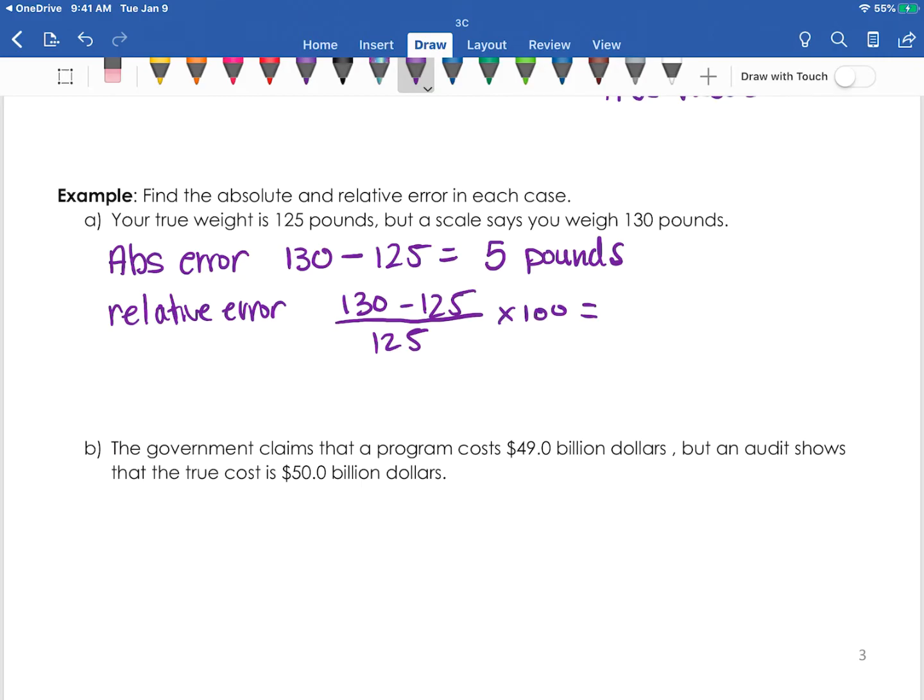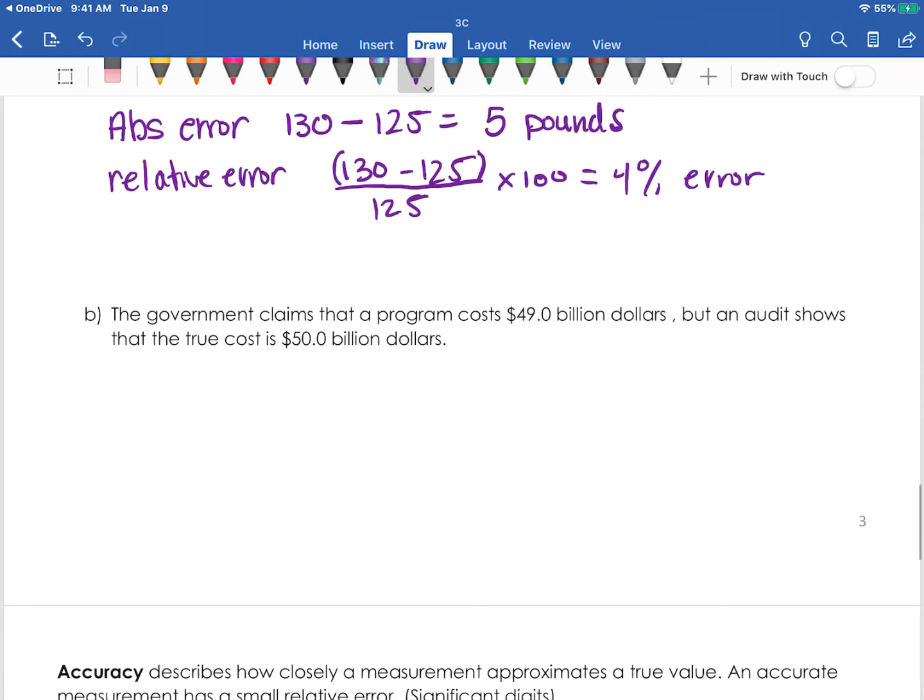When you put that in the calculator, you have to put parentheses around the numerator so that the calculator knows that 130 minus 125 is all in the numerator. When we do that and then multiply by 100%, we get a 4% error.